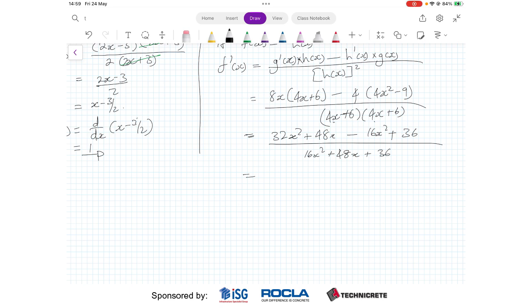Simplifying the numerator, you find that 32x squared minus 16x squared will give you 16x squared plus 48x plus 36, divided by the denominator 16x squared plus 48x plus 36. And your final answer will be 1.